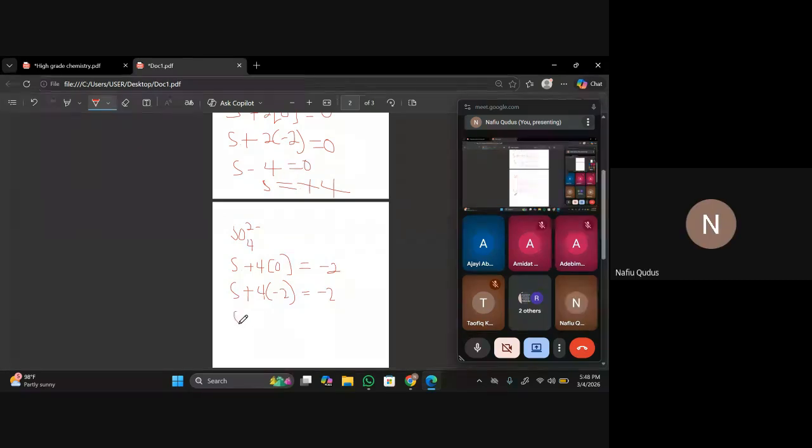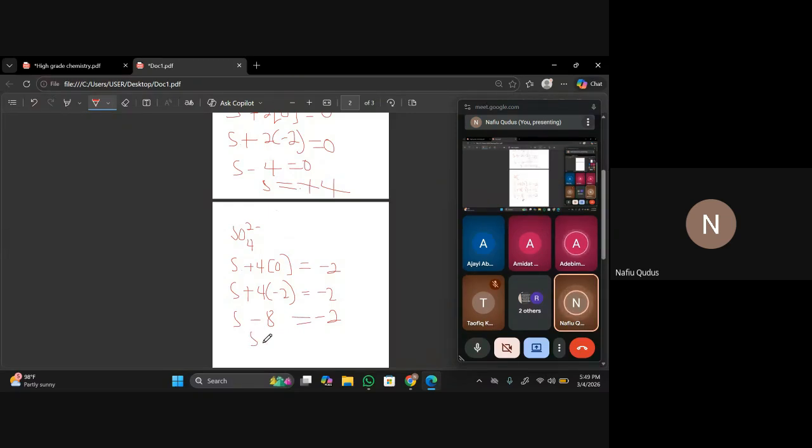So we have S minus 8 equals minus 2. When minus 8 goes across, it becomes plus 8.